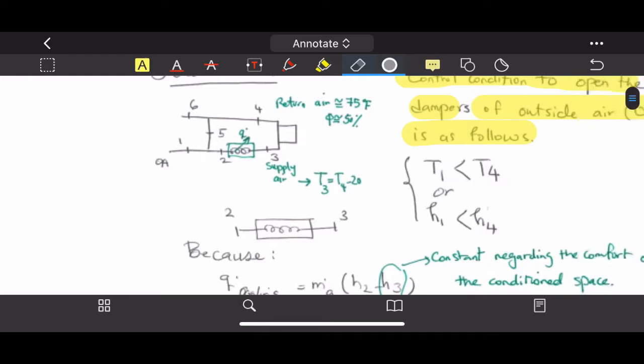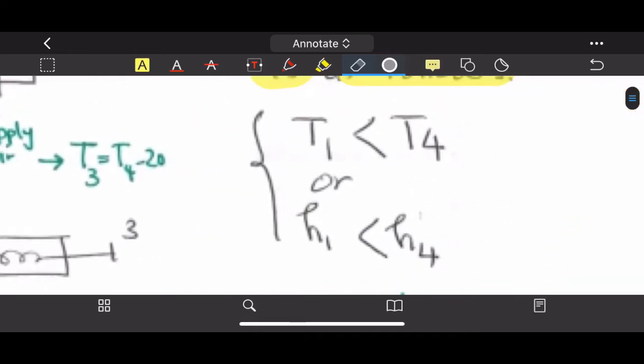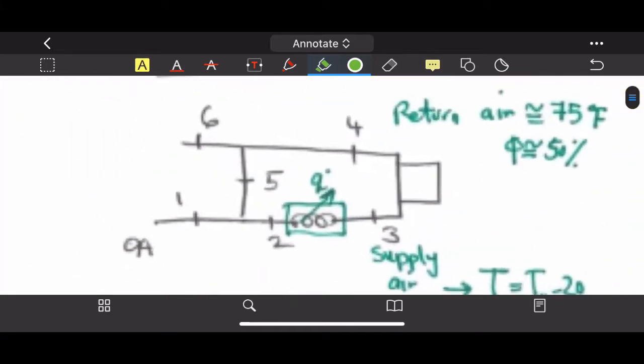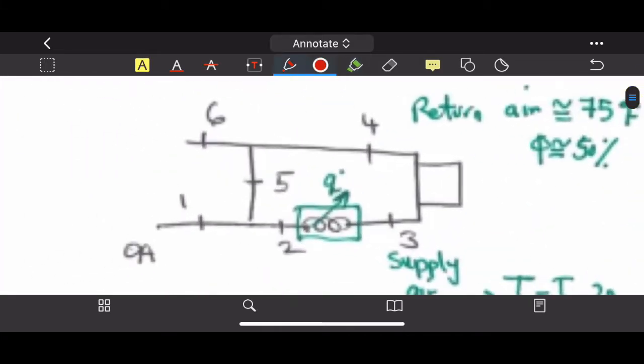Usually for an economizer, the condition will be T1 is less than T4, or the enthalpy at state 1 is less than at state 4. This is of course true because our outdoor air and the indoor air are usually different.